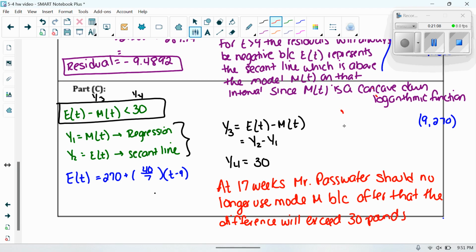And if you want, you can even graph it and show like your picture. And all of this scrap work that I have over here is showing your grader that you are doing this mathematically. You're using your tool of your calculator, but you're doing this mathematically.